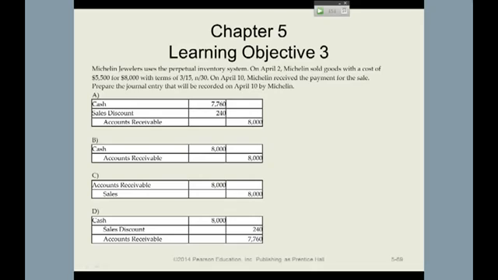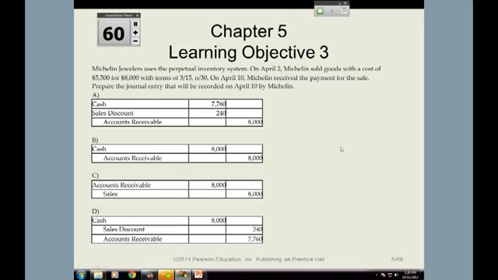You have to determine whether or not the company that's paying you qualifies for the discount. And how do they get the 3% discount? They've got to pay within 10 days. So you have to determine that first, and if they do, then you have to calculate the discount. So I'll give you, again, the usual minute on this, and then we'll move on.